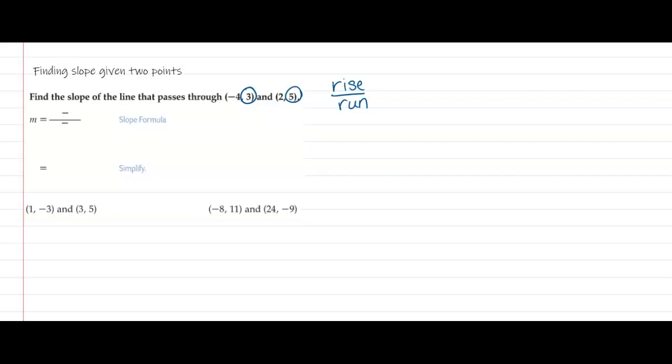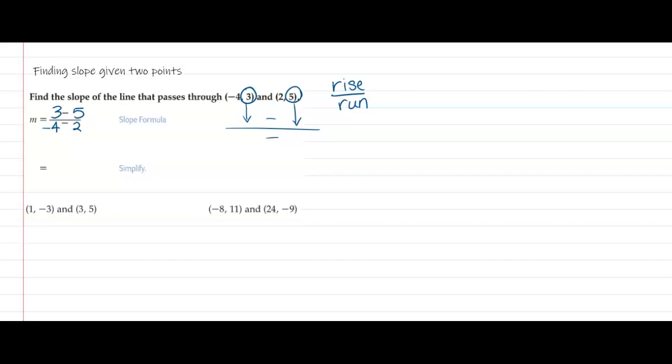If you just circle the y's, make the y's look like eyes. 3, 5, minus 4, 2. And I just drop them right into that formula. I just drop them straight down.